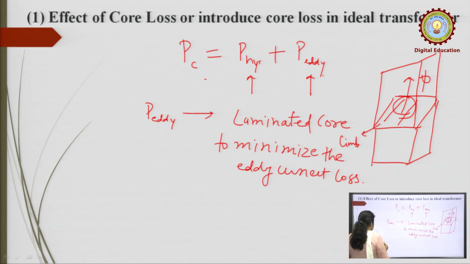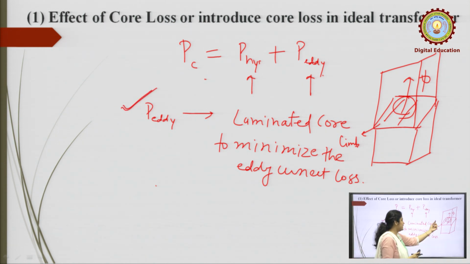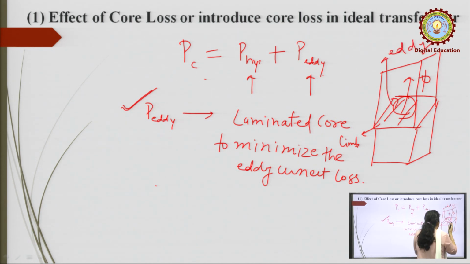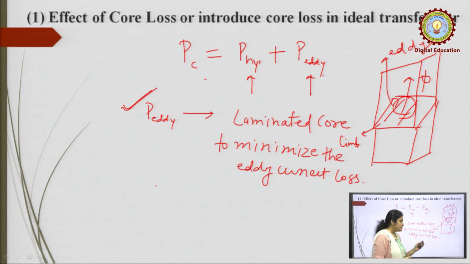This is the circulating current produced in the material of the core, in a closed path. These are the eddy currents. So if you use lamination of the core, you can minimize the eddy current losses.